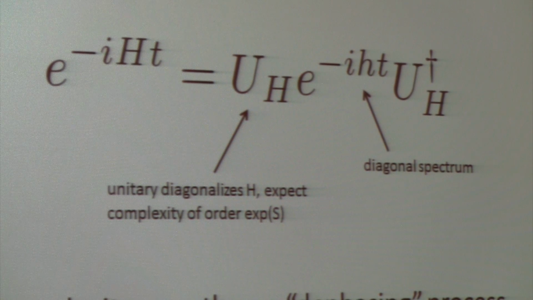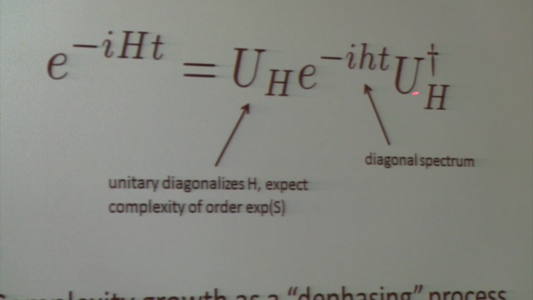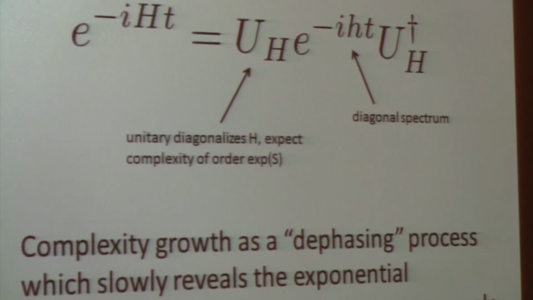And so we have a kind of upper bound for the complexity of this object by saying, it can't involve one convolution for an exponentially long amount of time. It could be perhaps less complex than that, but we think that's probably a good estimate of the complexity of this unitary transformation. It involves order e to the S simple gates. And so then we have a picture where what's happening is if you're at 0 time, this U dagger and U cancel, and you get just identity.